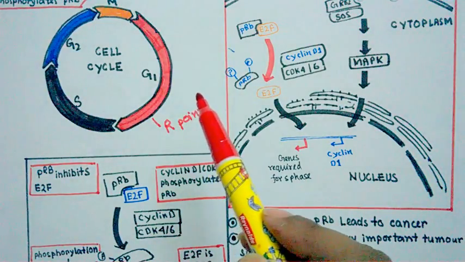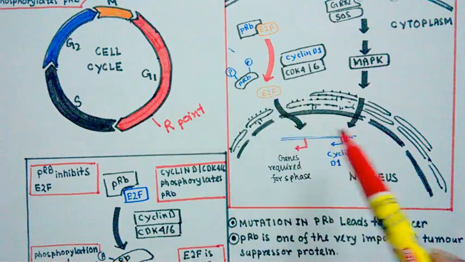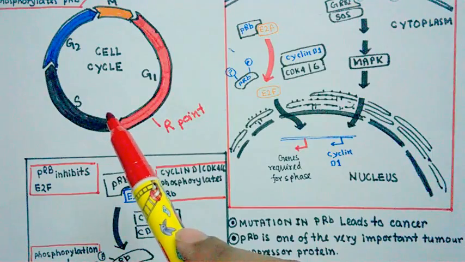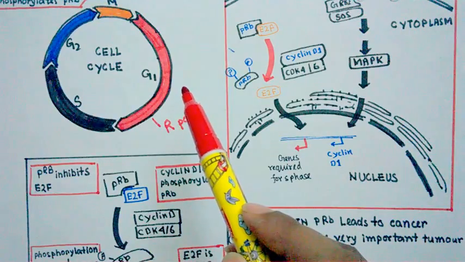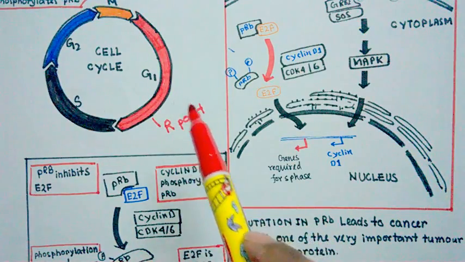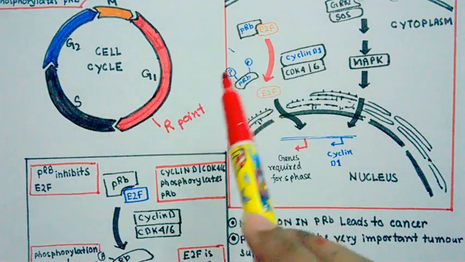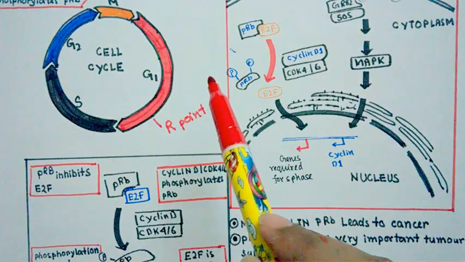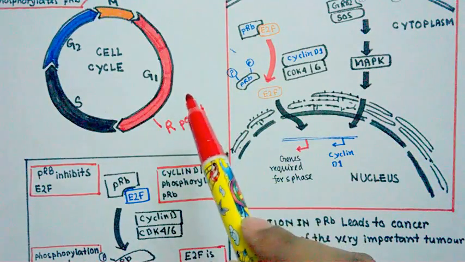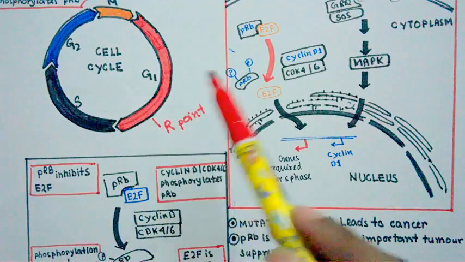After the cell reaches the restriction point, pRB allows E2F to do its function and cell cycle progression resumes. But the amount of pRB in a cell should be balanced. If the pRB amount is less or pRB is mutant, that means pRB is not functional, so it cannot hold E2F, and even when we don't want cell division to take place, cell division can take place. That happens in the cancer cell.